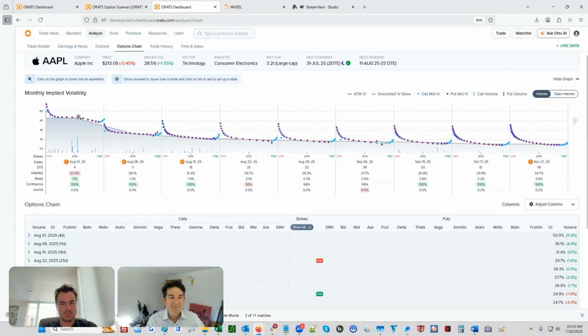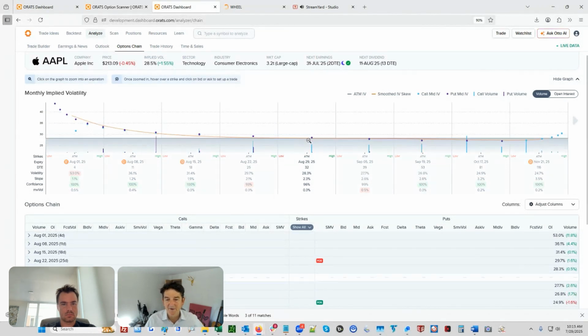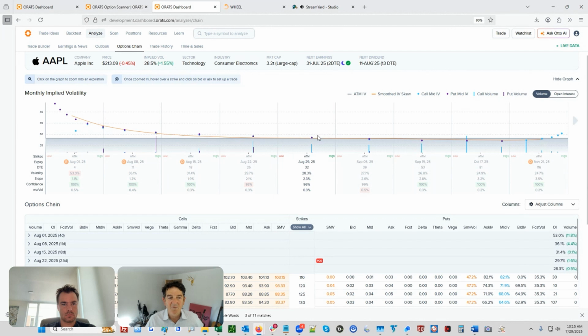So you could see that these are each expiration for Apple, and there are purple dots and there are cyan dots. The cyan are calls, C for cyan, C for calls, P for purple, P for puts. So put volatility and call volatility, and so they often overlap.